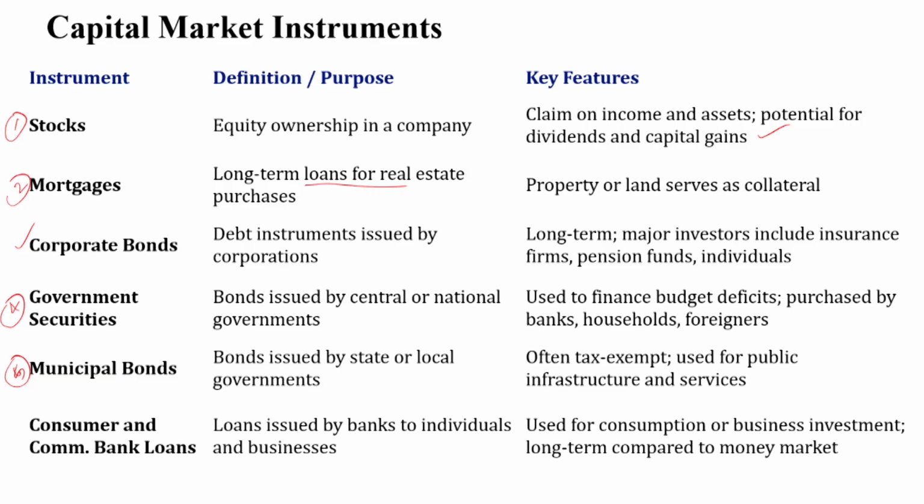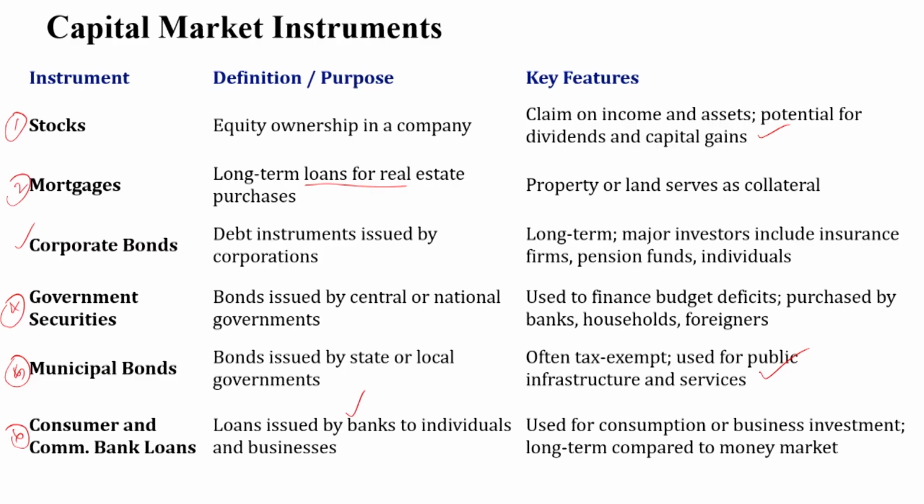Then the last component, the sixth form of capital market instrument, is consumer and commercial bank loans. These are loans given by banks to individuals for consumption or to businesses for investment purposes.